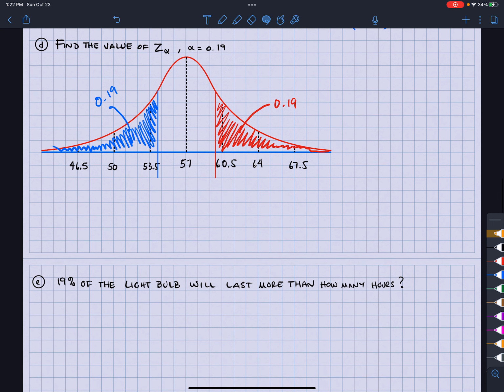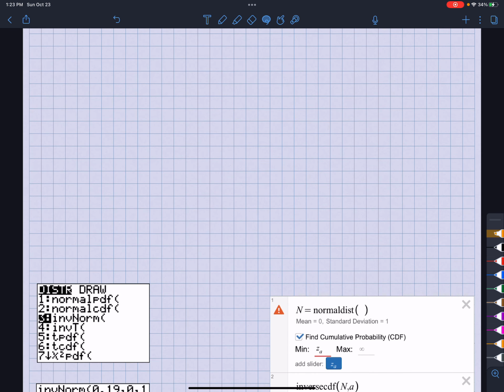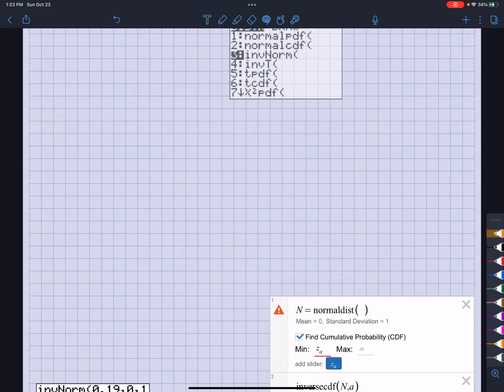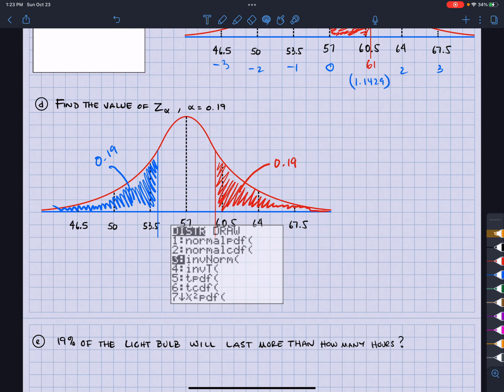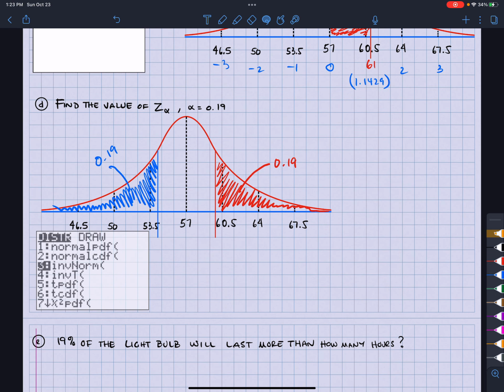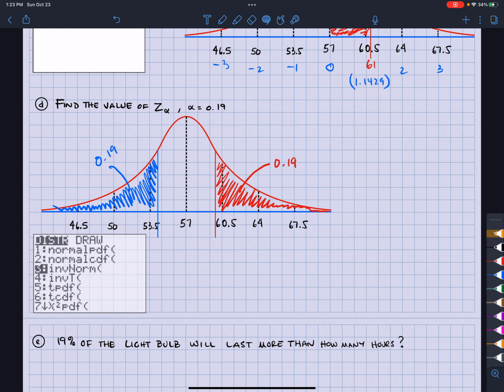So you have to understand what your calculator gives when you're doing this. In terms of the TI, it's very, very easy. To show you guys what menu you need, you would go, again, second vars, which is distribution. The third choice here is inverse normal, InvNorm.